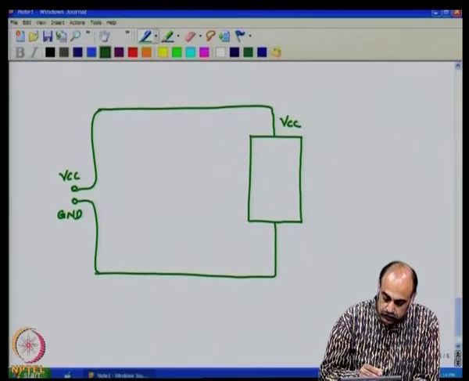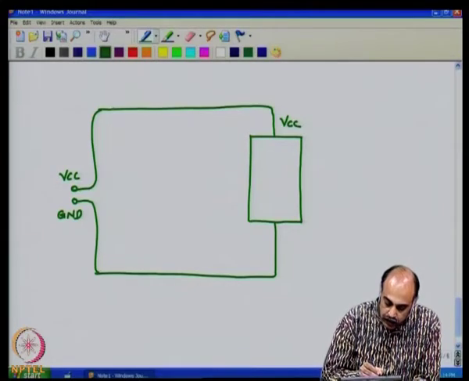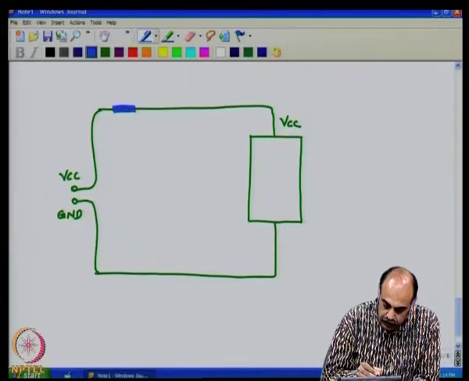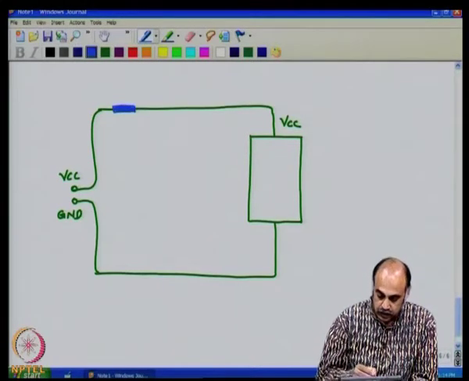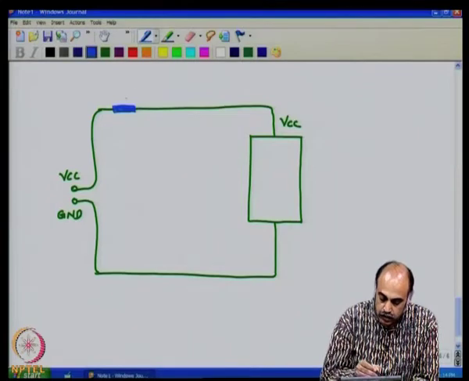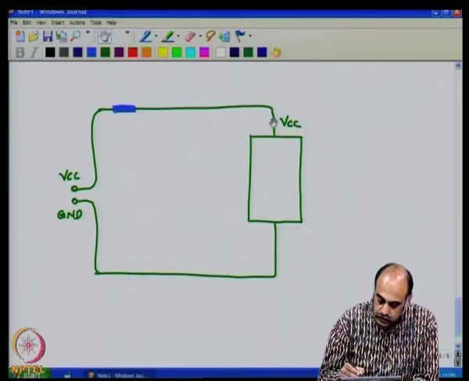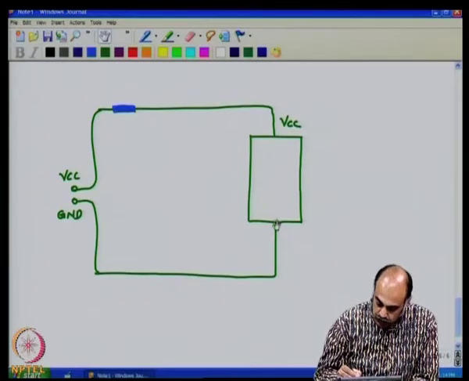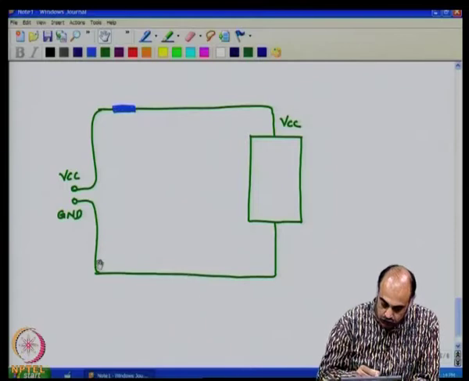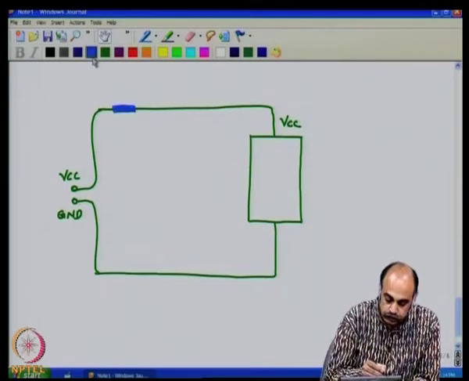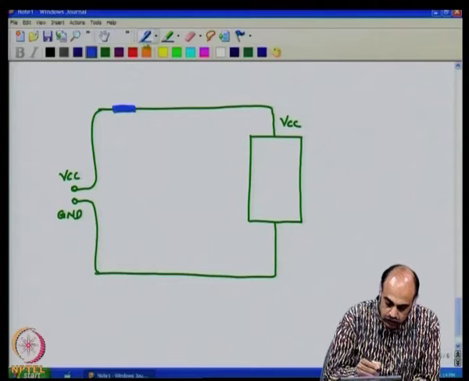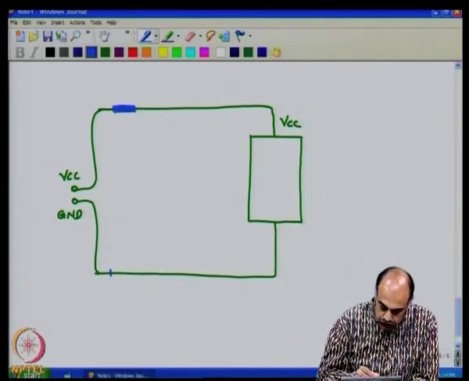Now, if you look at, not only do we have resistance, which we are now lumping and putting it here. Actually, you have the resistance lumped for all these supply lines. You can have a resistance lumped for all these ground lines. Let us say like this.